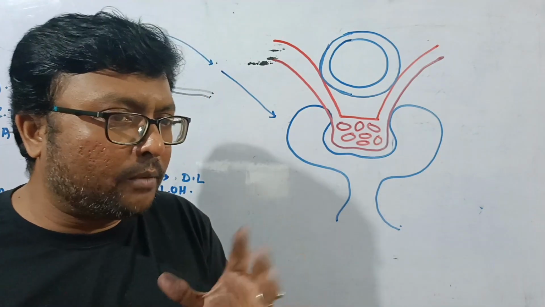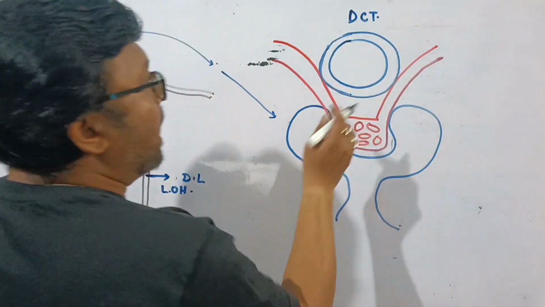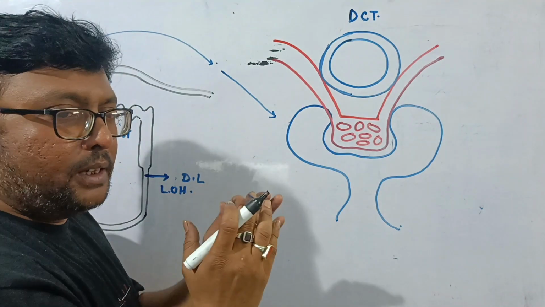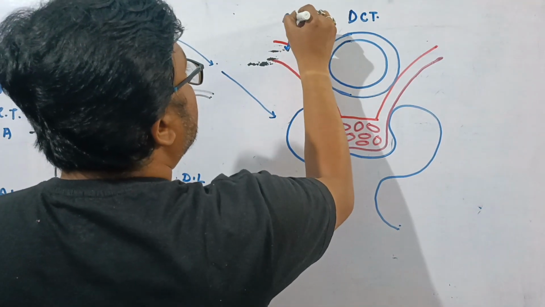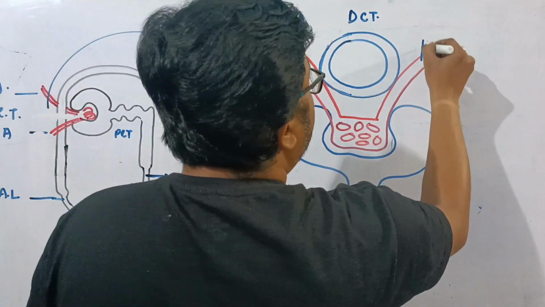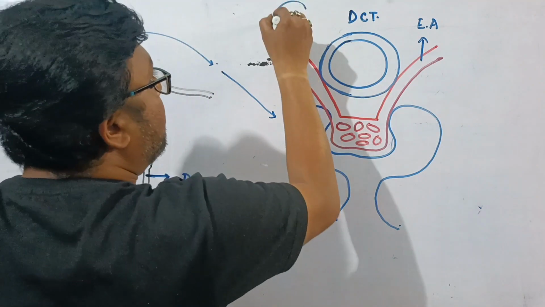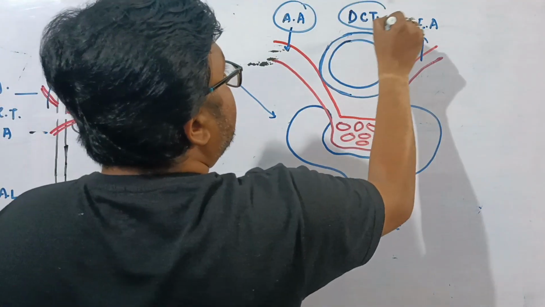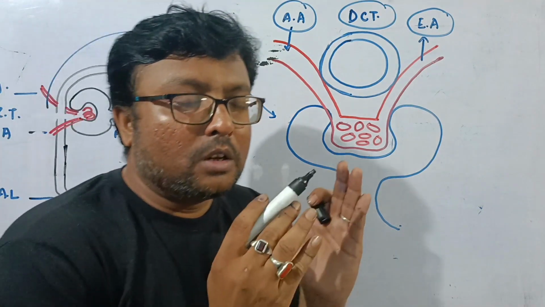জাংশন বিটুইন হোয়াট অ্যান্ড হোয়াট? This is the DCT, and DCT generally comes in contact with this afferent arteriole and efferent arteriole. So this afferent arteriole, DCT, and this efferent arteriole together they form what?